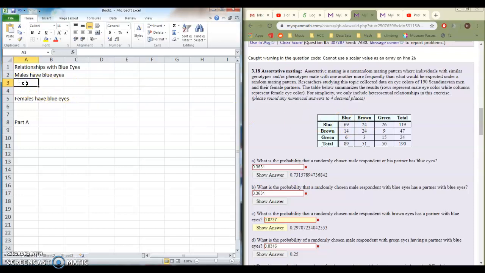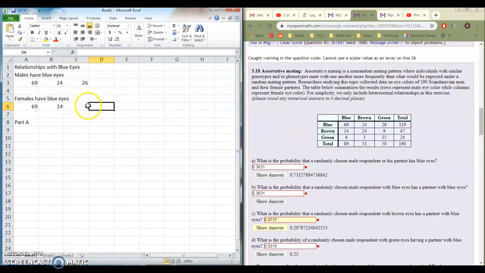The first one gives us 69 males, and then the next one is 24 males, because this is a male with blue eyes and a female partner with brown eyes. And then this is 26 for the male that has blue eyes and the partner who has green eyes. And then the females that have blue eyes, that's this column right here, so it's going to be 69, 14, and then 6.